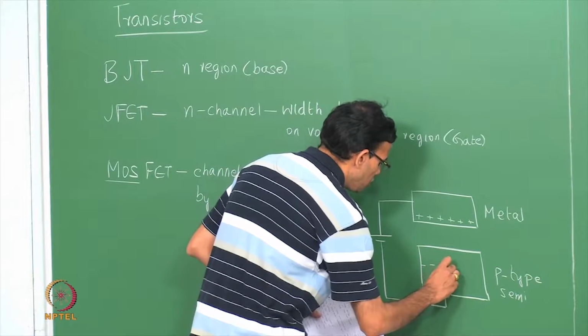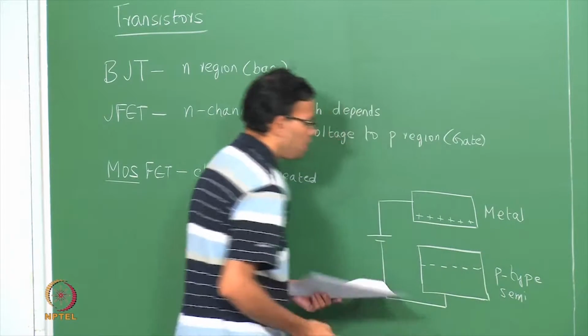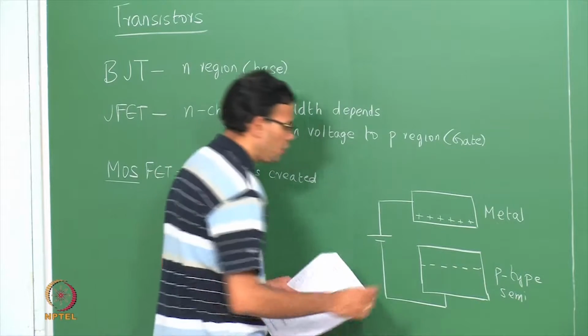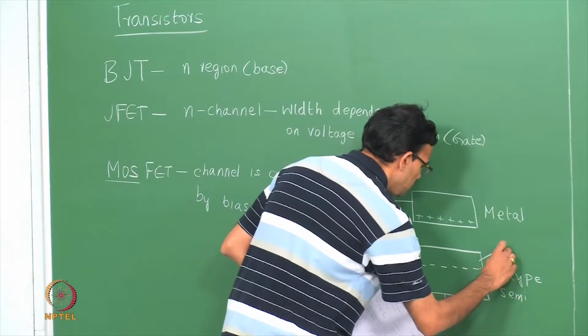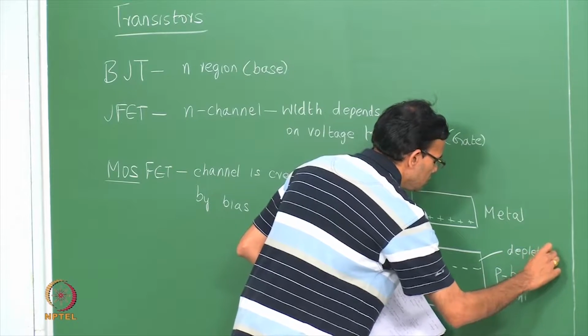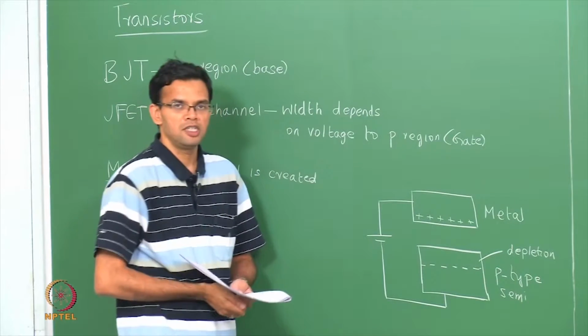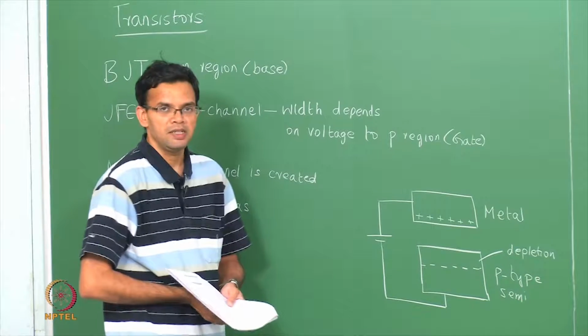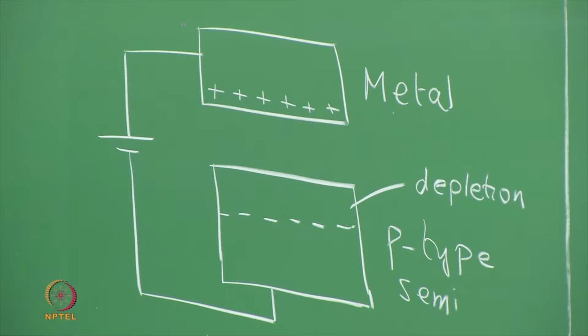So we have two regions. We define one region that we called a depletion region. In the depletion region, the material is still a p-type, but the concentration of holes is less than Na, which is your acceptor concentration.